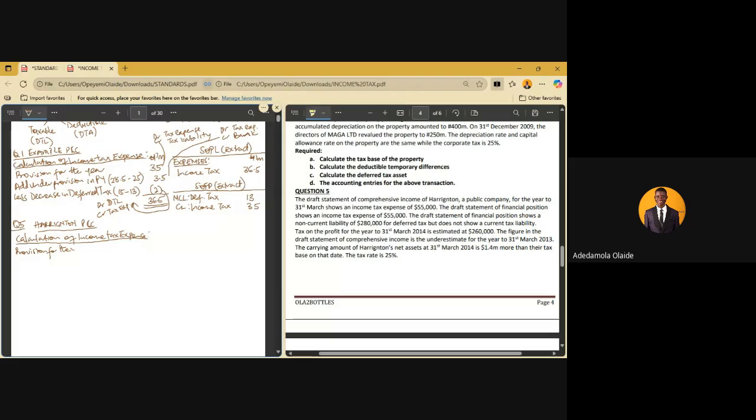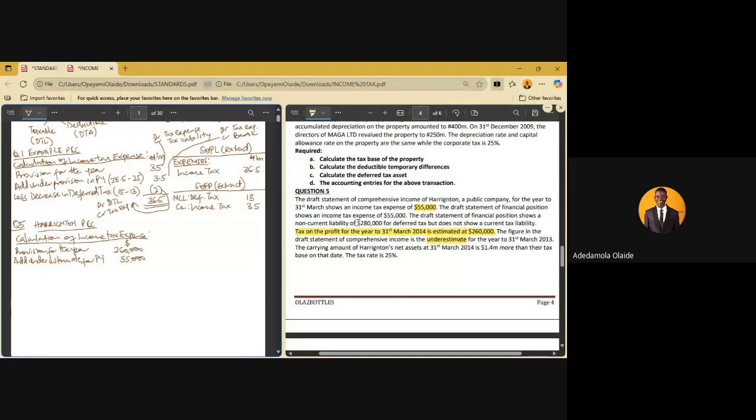They said tax on profits for the year to 31 March 2014 is estimated at 260,000. Then what else do we have? They told us that the figure in the draft comprehensive income statement is an underestimate for the previous year, and that figure is 55,000. So we'll say add under-provision or underestimate for previous year, 55,000.